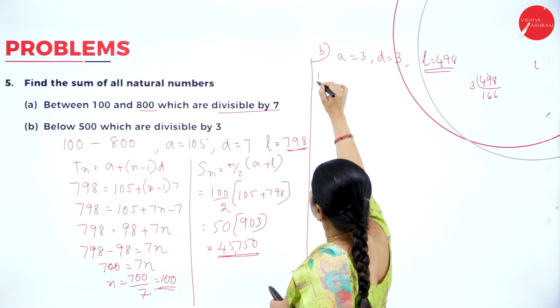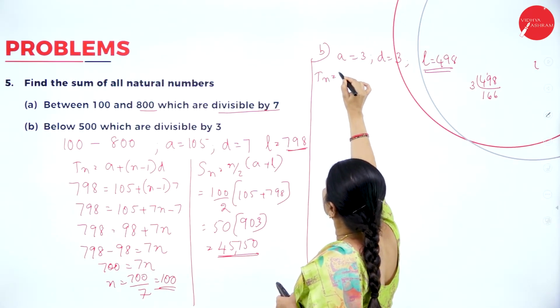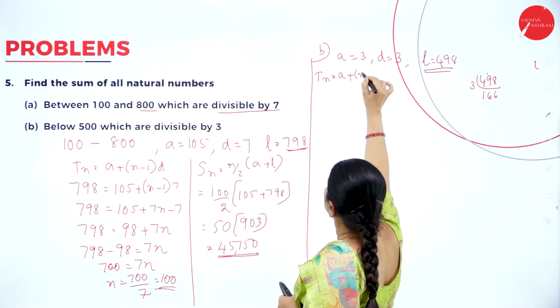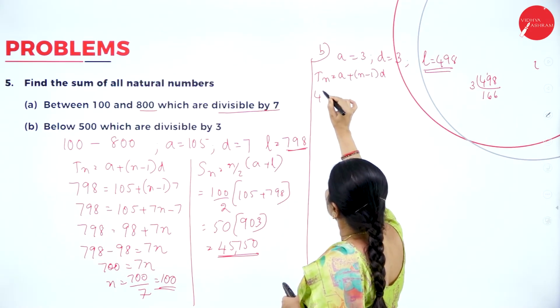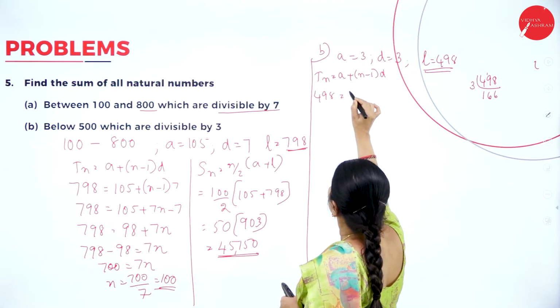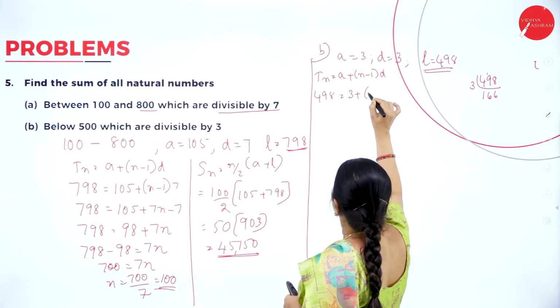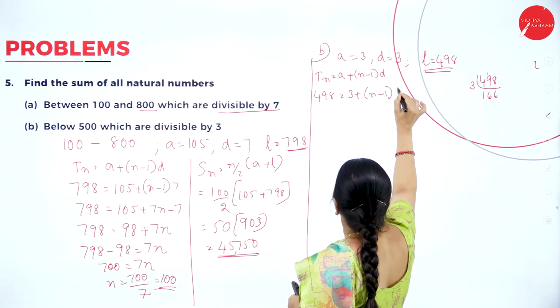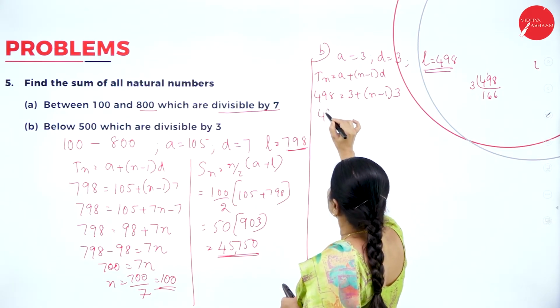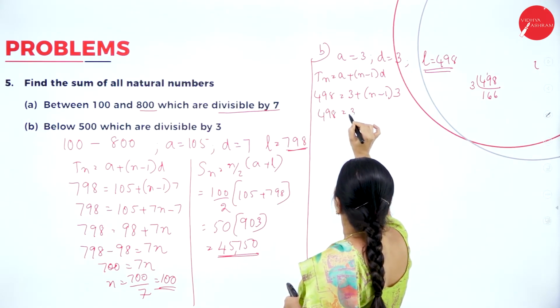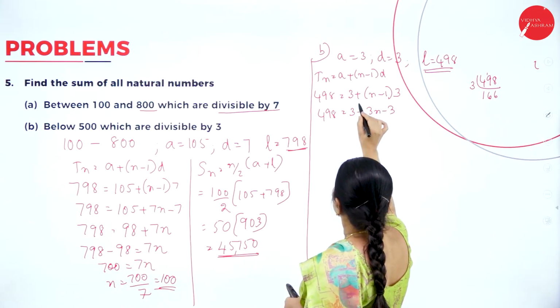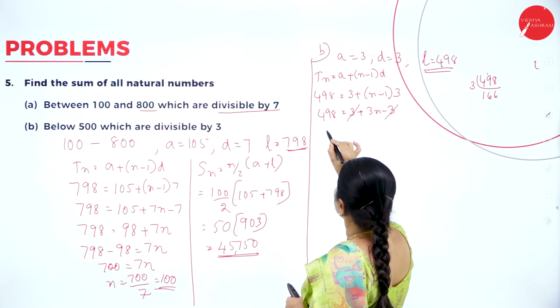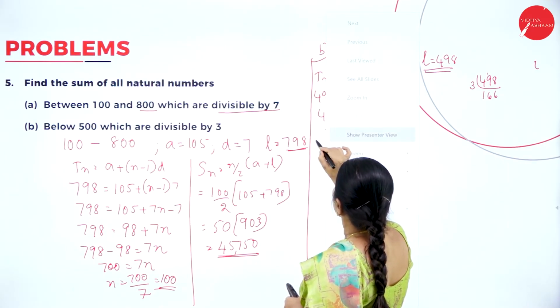So I will write Tn equals a plus n minus 1 into d. So 498 equals 3 plus n minus 1 into 3. So 498 equals 3n minus 3 plus 3. Minus 3 and plus 3 get cancelled.